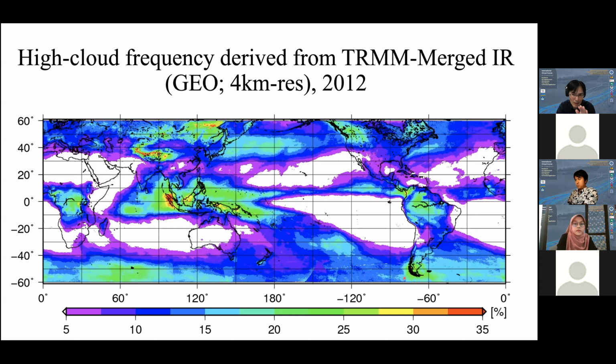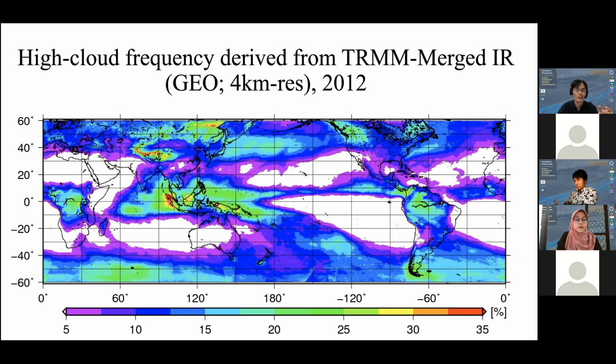We determine a kind of threshold, and after that we count the observations lower than the threshold in the total period. In such a case, you can see the highest frequency, more than 35%, around here.